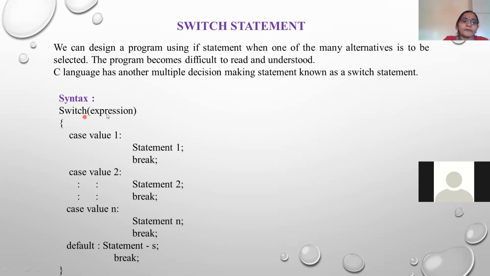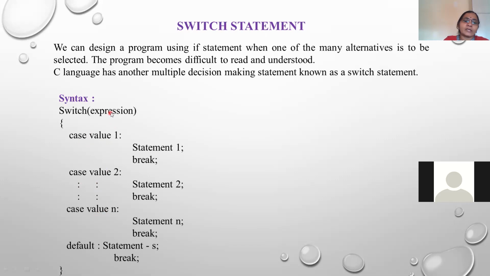When the computer encounters the switch statement, the expression is evaluated first, and the result is matched one by one against the various case values: case value 1, case value 2, case value 3, up to case value n.